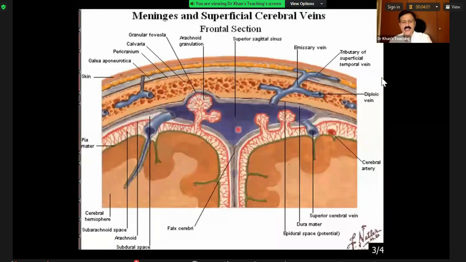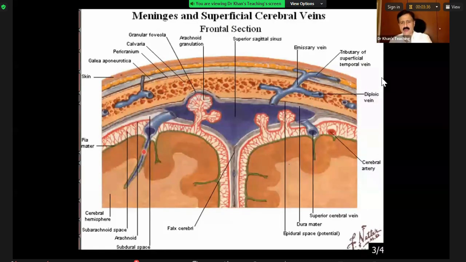Excellent. So just a recap of the anatomy which we covered last time: this is the diploic space, this is the outer table, this is the inner table, this is the dura, which has the periosteal layer, and this is the deeper layer. The dural venous sinus is in between the two. This red thing is the arachnoid, this is the subarachnoid space, and this is the pia.